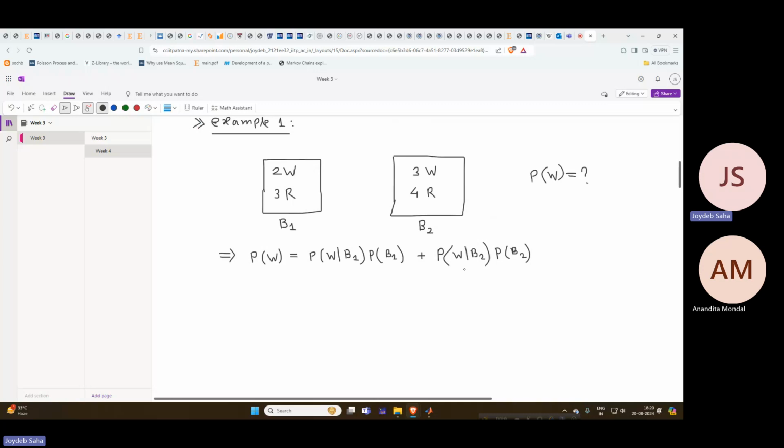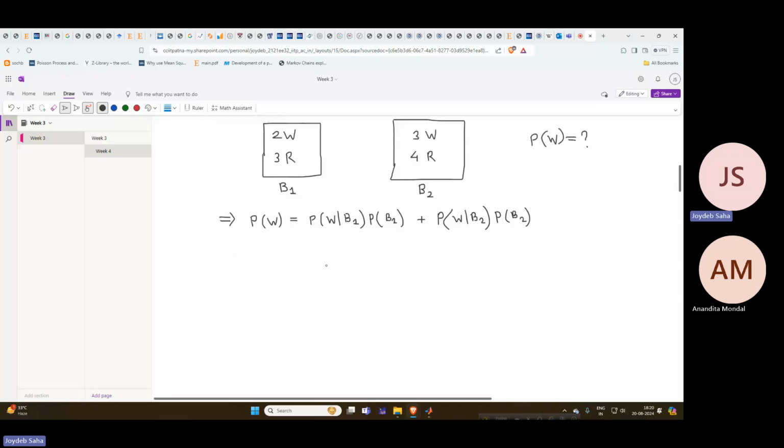So this is the question, and from the total probability theorem we are getting this. Now the question is, what is the probability of B1 and B2? There are only two boxes, so the probability of B1 will be, we cannot pick a ball from any other box, so either from B1 or from B2 we will get it, so it will be 1 by 2.